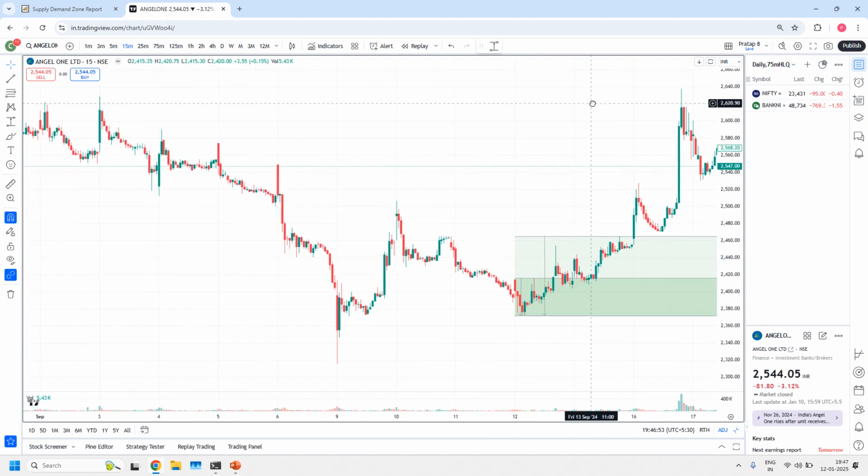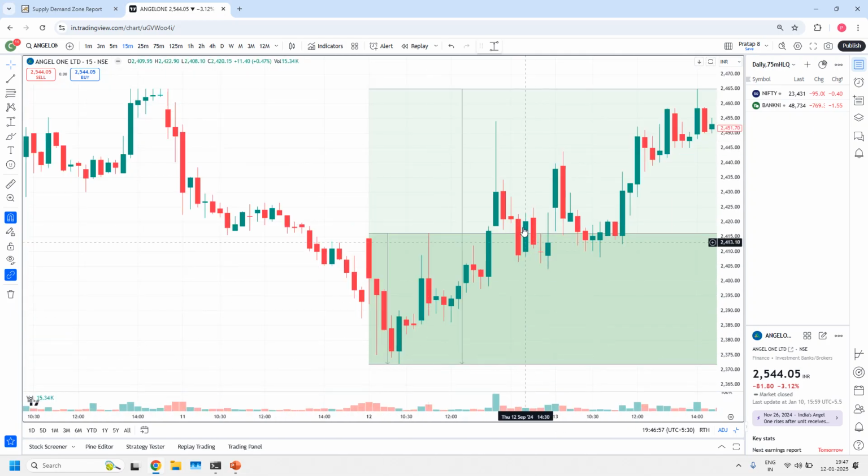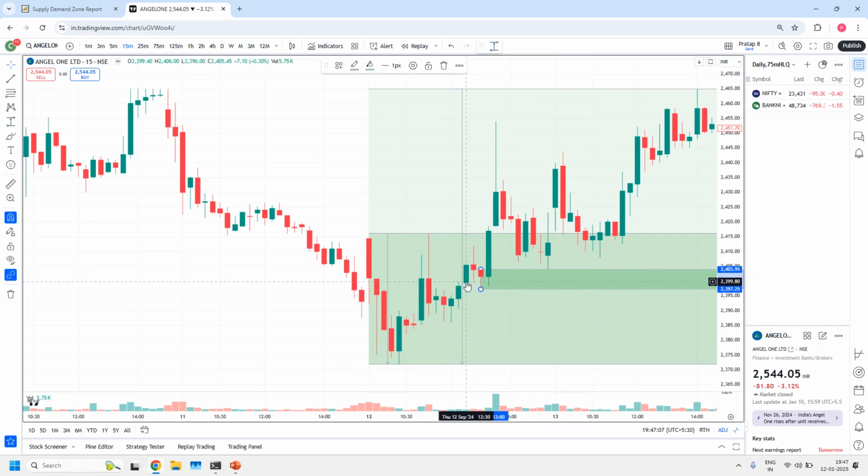But what about this fine-tuned zone? Is it having any 15-minute zone? See here. Here we have a 15-minute zone, failed ERC candle as a leg-in. You have leg-in, or you can also consider this is a rally, 2 base candles and rally. If you are convinced this is a base candle, this is not a large candle, this is a medium-sized candle, you can draw a zone like this.